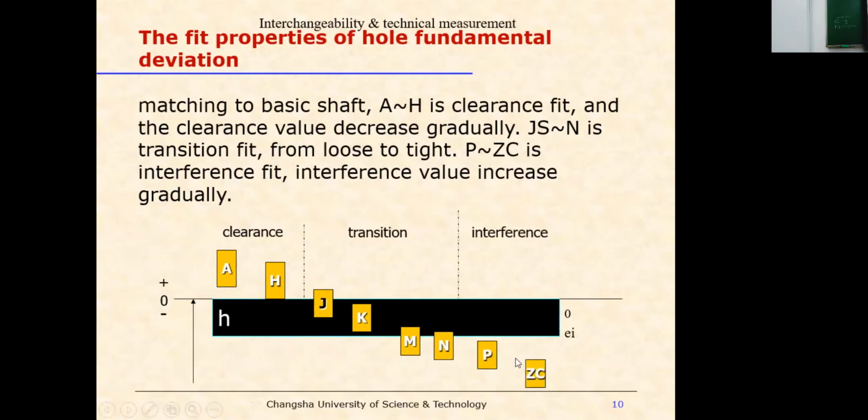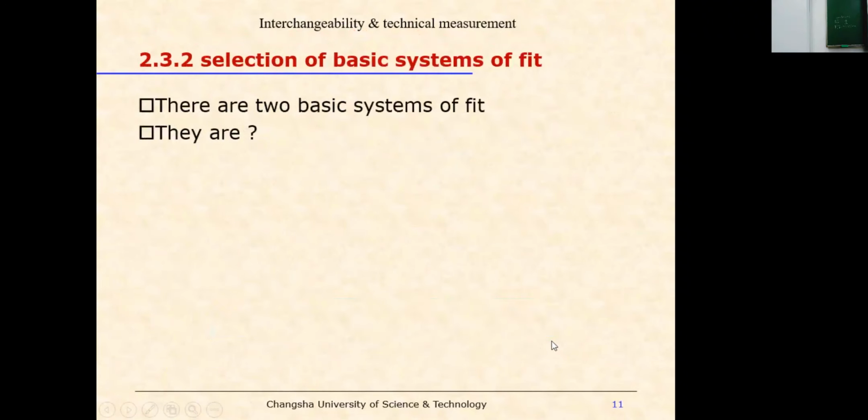And then P to ZC is interference fit. Interference value increases greatly. There are two basic systems of fit. They are hole basic and shaft basic, right? This is a very important term.